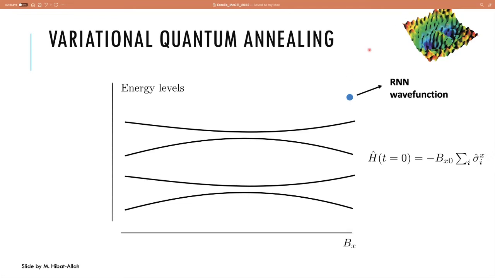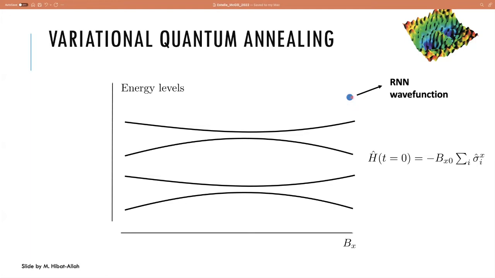All right, so the idea is the same here. We initialize the RNN wave function with random weights and biases. These are energy levels over some parameters. Here is a transverse field. We want to prepare the system in this Hamiltonian at t equals 0. You have a transverse field, with spins pointing in the x direction. If this is large enough, all the spins will literally point in the x direction.